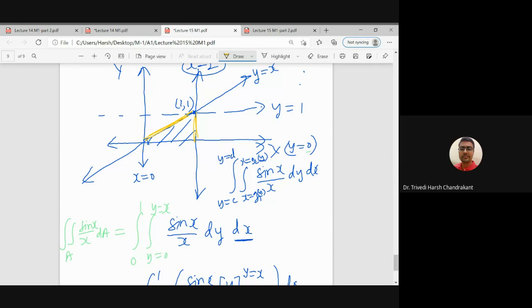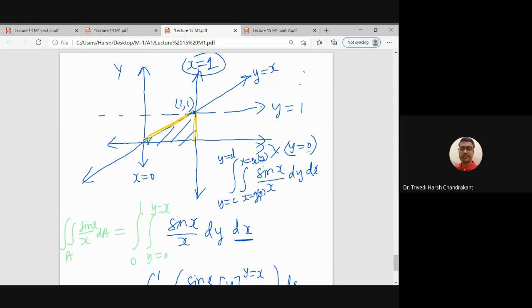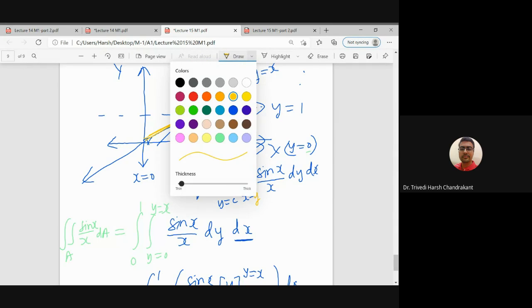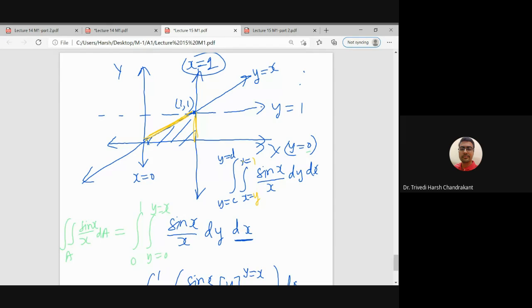All right, so as you said, it is x equals to y from below, because that is the left side curve, and the right side curve is x equals to 1. Right, so that is essentially the constant line. Any doubt in this particular? How did we find this? We essentially use these equations.